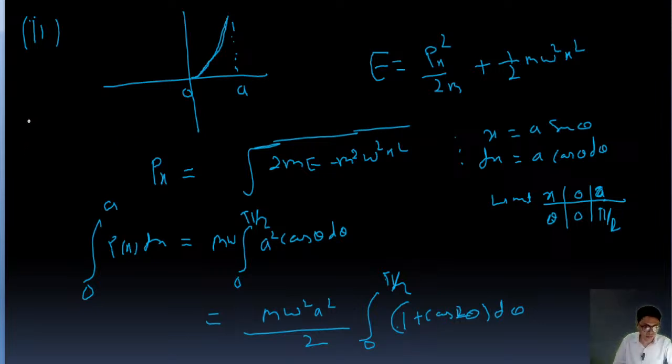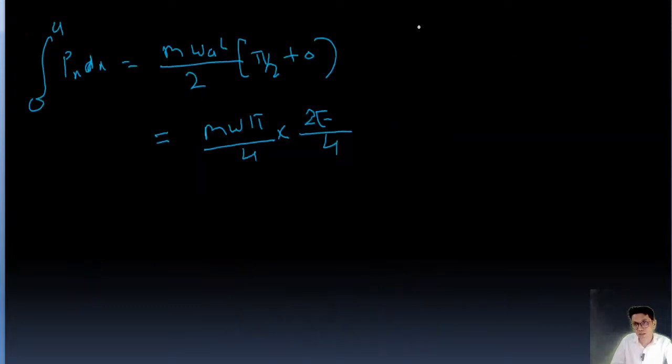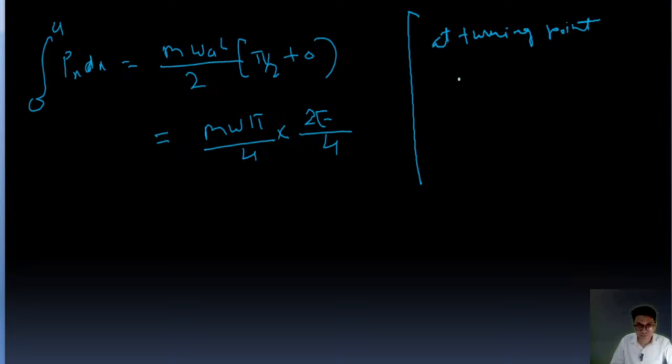Here also I have already explained this one. At the turning point, E equal to Vx, so equal to half m omega square x square.